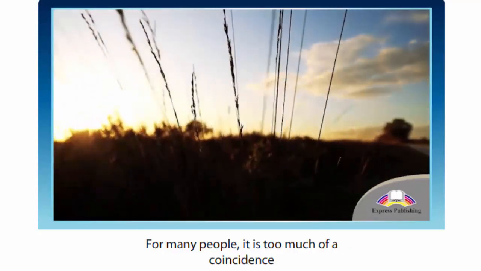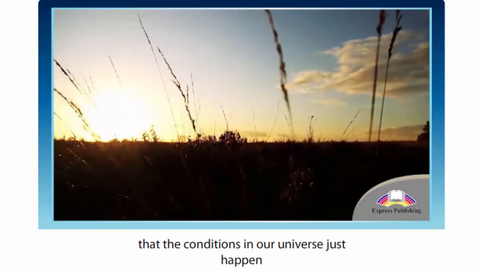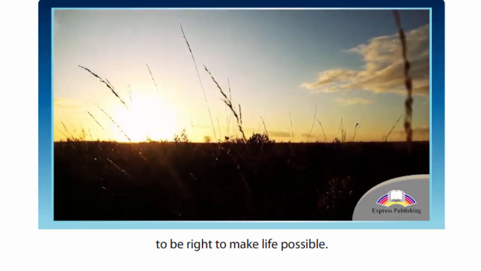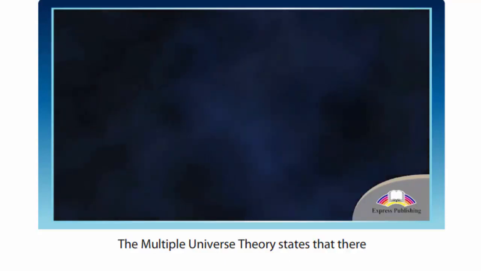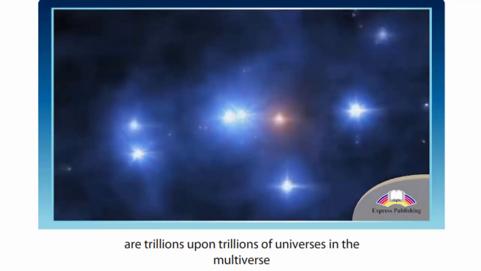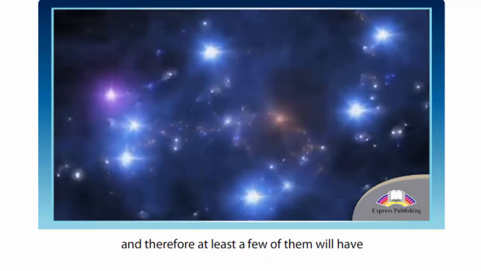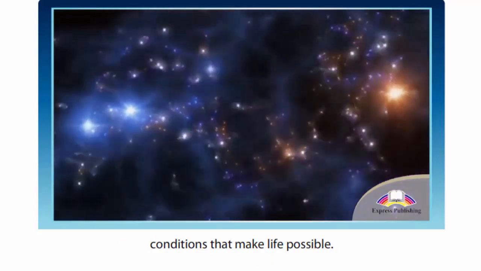For many people, it is too much of a coincidence that the conditions in our universe just happen to be right to make life possible. The multiple universe theory states that there are trillions upon trillions of universes in the multiverse, and therefore at least a few of them will have conditions that make life possible.